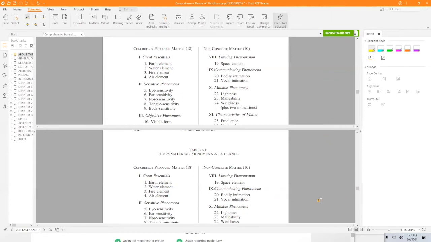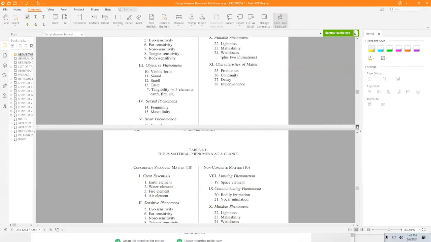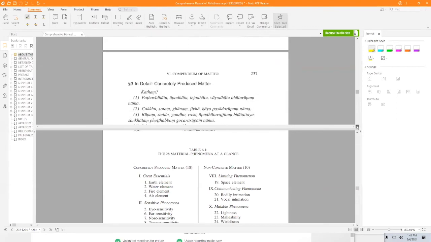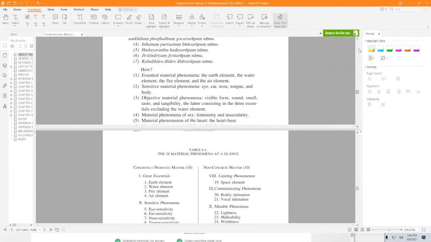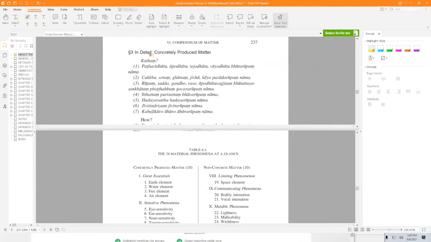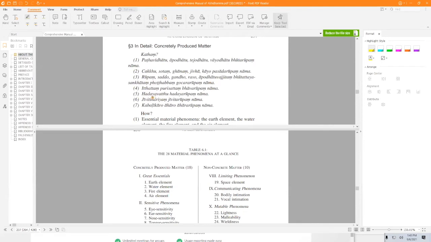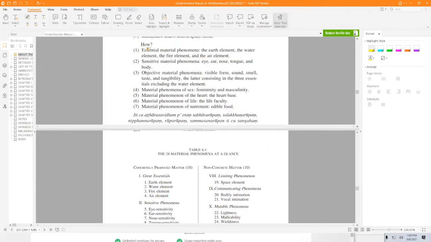I have the chart for a broad overview, which I'll refer to as we go through the explanation. Okay, so first the text is going to consider the concretely produced matter. And these are divided into 7 subgroups. So we have the 4 primaries, the 5 types of sensitive material, which I'll explain shortly.